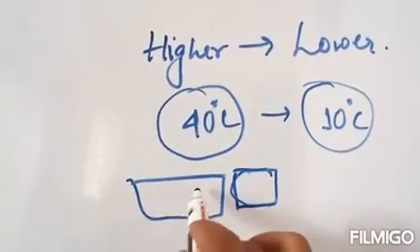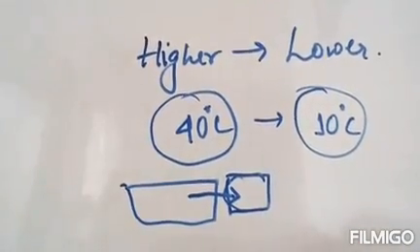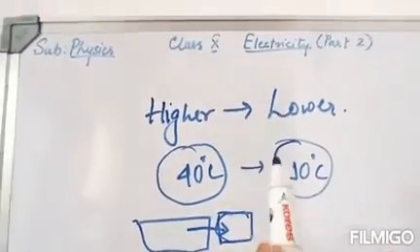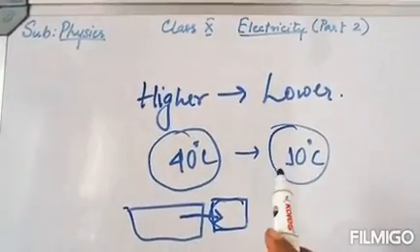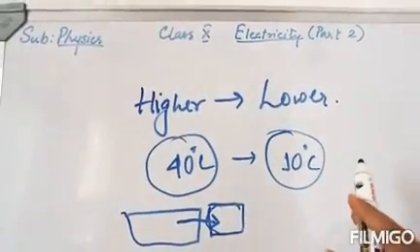The ice will melt. That means what? Heat is being transferred to the cold body, right? So in general I want to say that there is always a tendency that things flow from higher concentration to lower concentration.